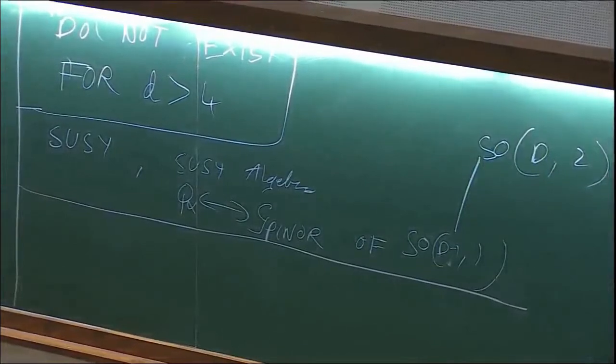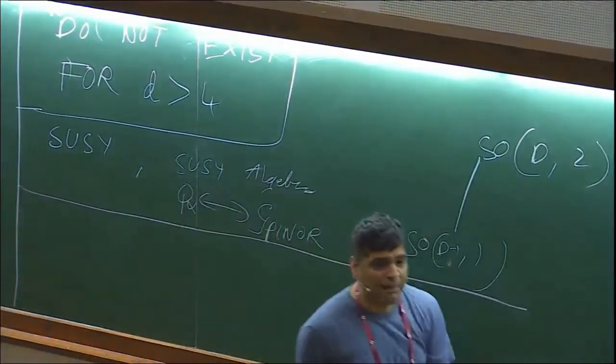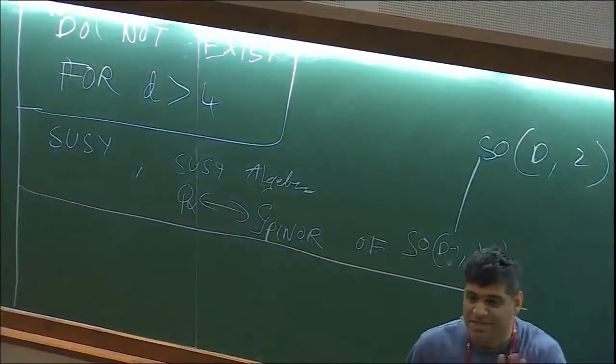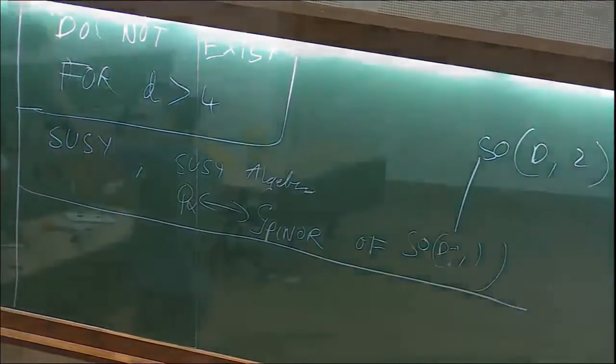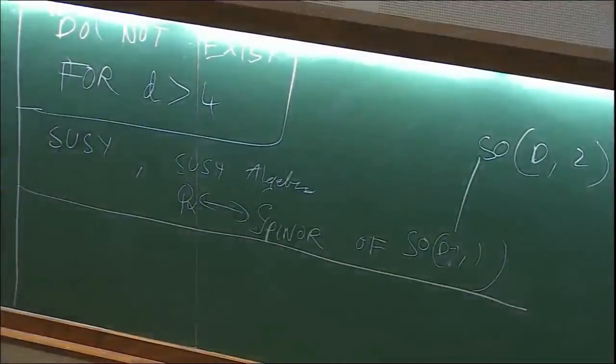Okay? So, ignoring issues of the signature, what we're looking for is some supergroup which has SO(d+2) as a subgroup and has the fermionic generators transforming spinorially under SO(d+2).